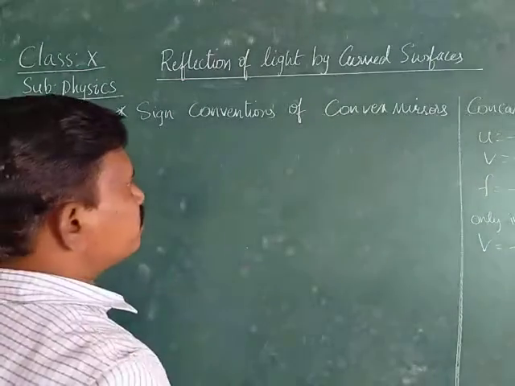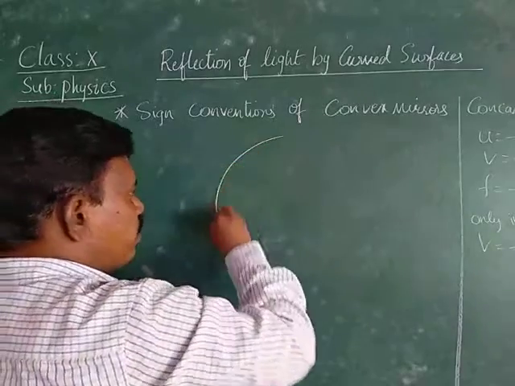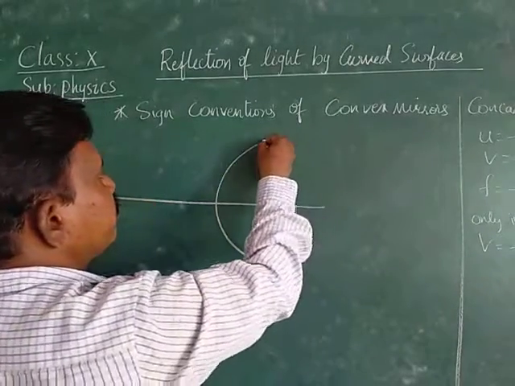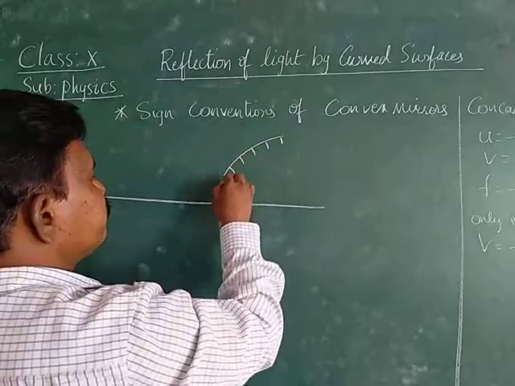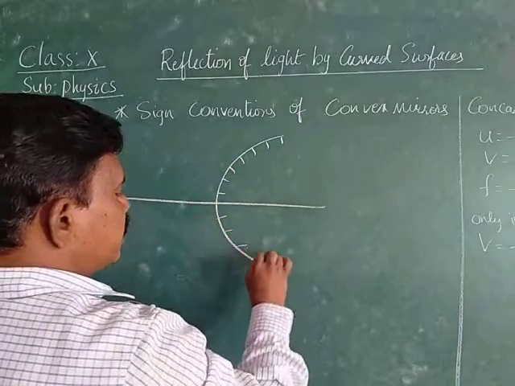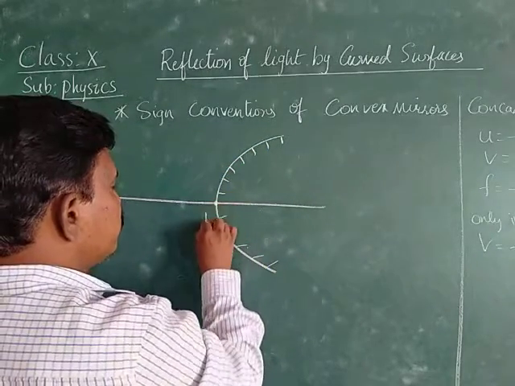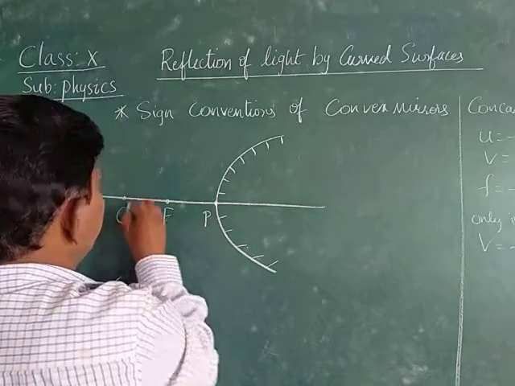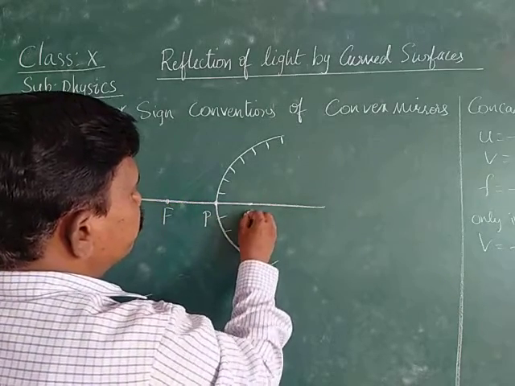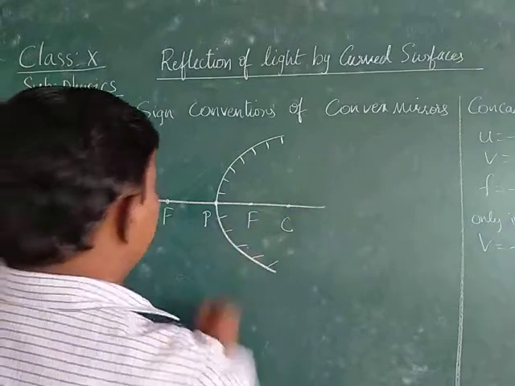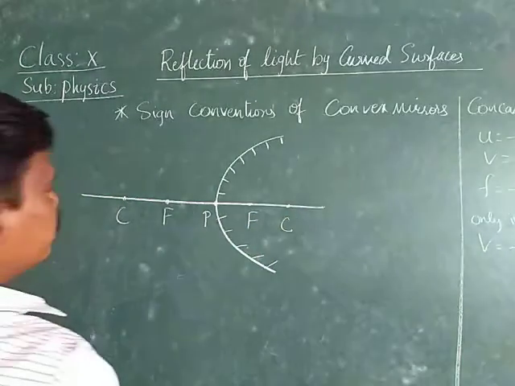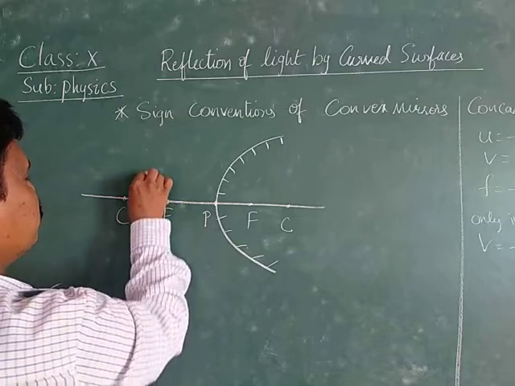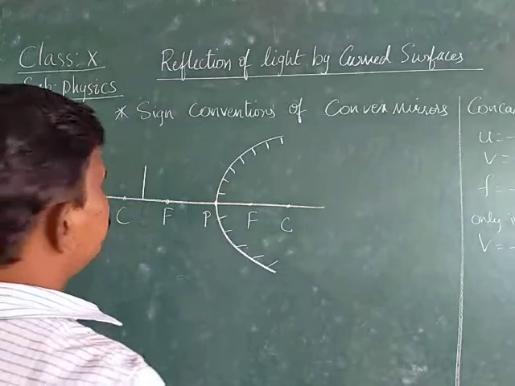The sign conventions of the convex mirror. I am drawing a figure of the convex mirror: pole, focal point, center of curvature. Take an object at any position.